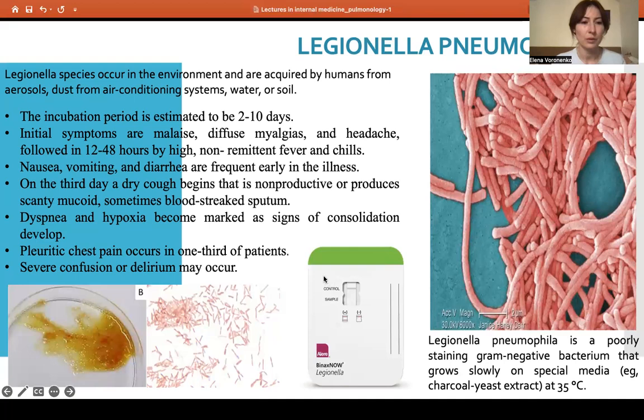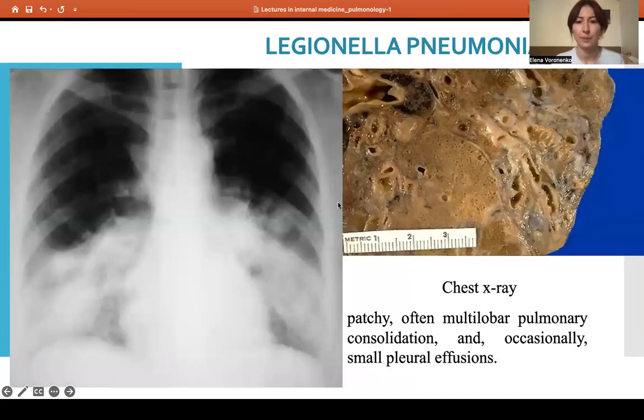Severe confusion or delirium may occur. We can see on chest X-ray patchy, often multilobar pulmonary consolidation, and occasionally small pleural effusion.